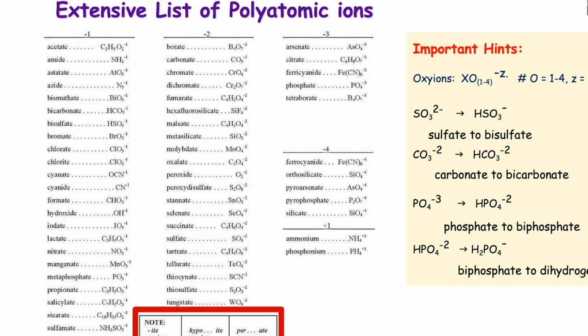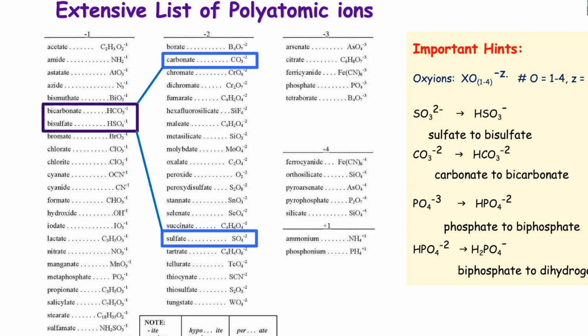Okay, so that's that. Look at the bicarbonate and the bisulfate. The bicarbonate comes from carbonate, but it's misleading because when you hear the word bi, you might think there are 2 carbonates. No, that's not the case. For some reason, we like to confuse beginning students.